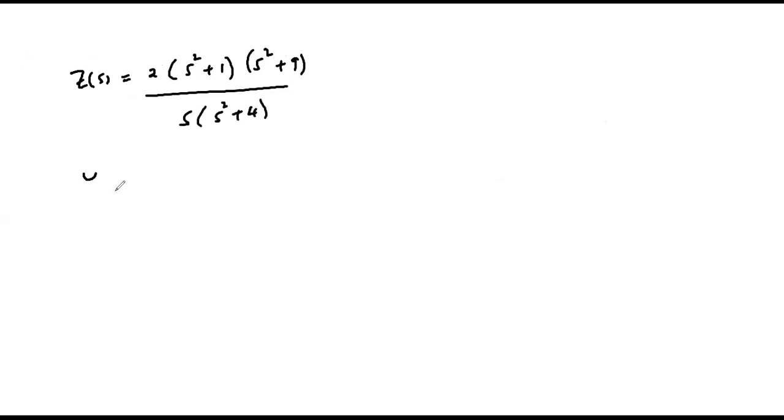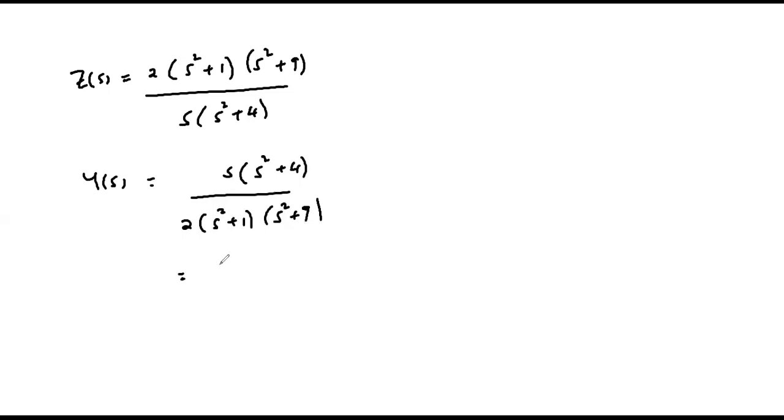The admittance transfer function will be equal to S into S squared plus 4 divided by 2 into S squared plus 1 into S squared plus 9, which you can write as a half S into S squared plus 4 divided by S squared plus 1 into S squared plus 9.